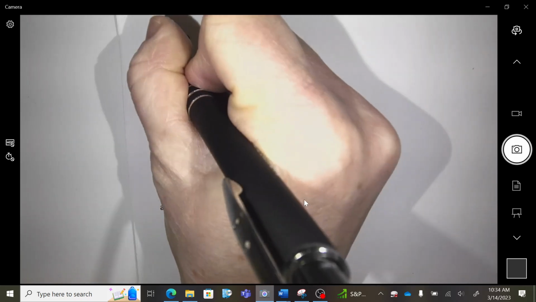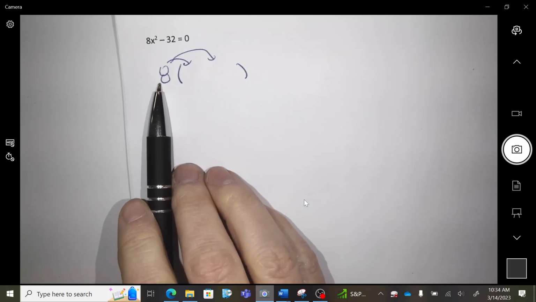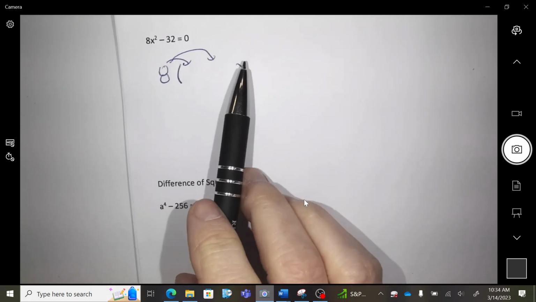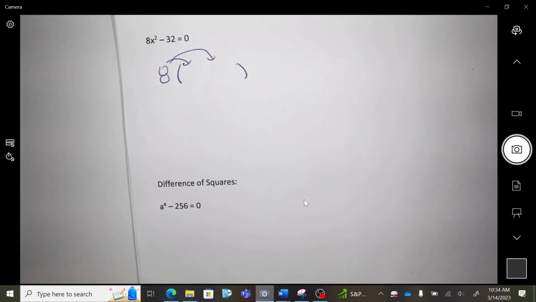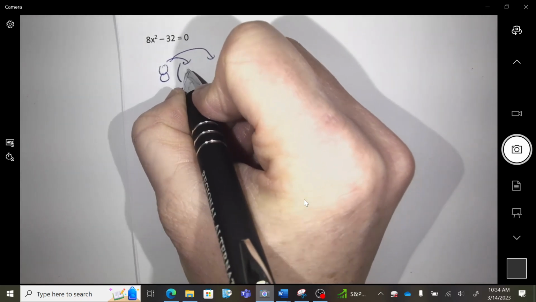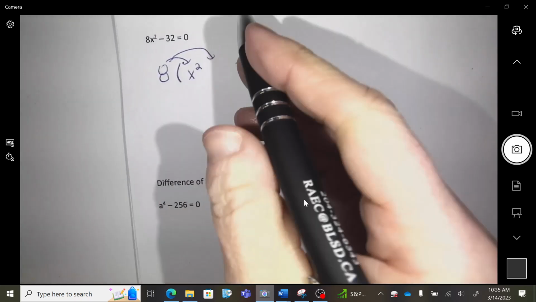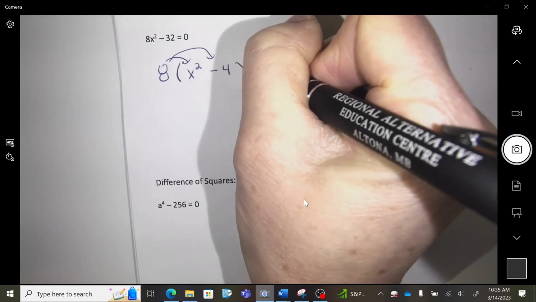So 8 is the biggest, and there's 2 terms, so you have to think like that. 8 times what makes that? 8 times what makes that? So 8 times x squared, 8 times -4.